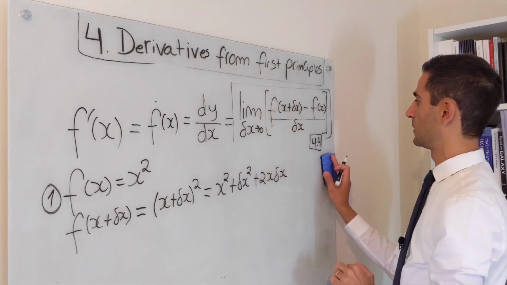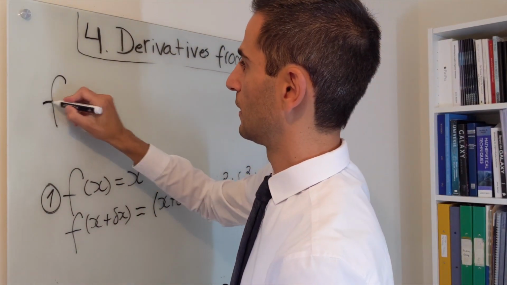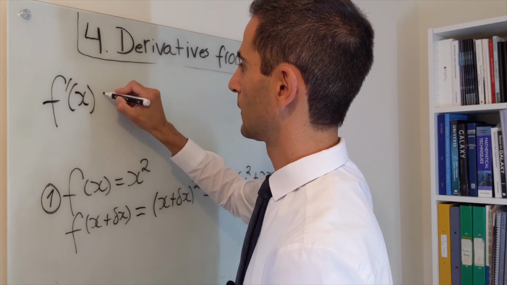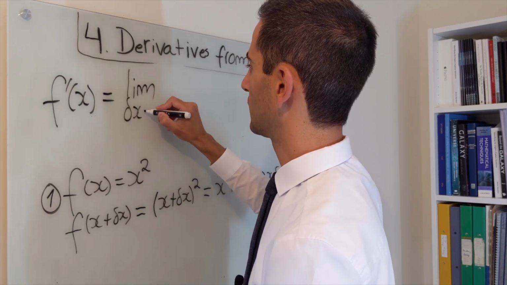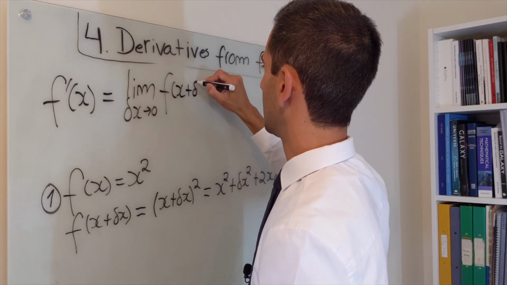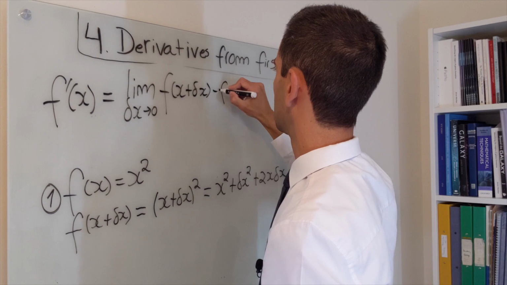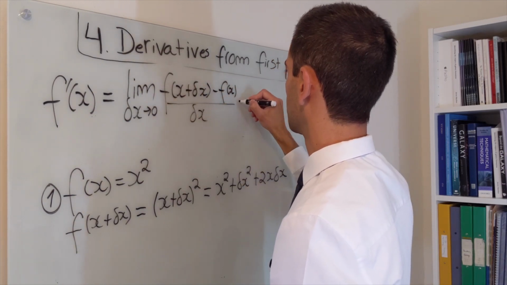So let's get rid of this. And we want to calculate f prime of x, which is the limit when dx goes to 0 of f of x plus dx minus f of x over dx.